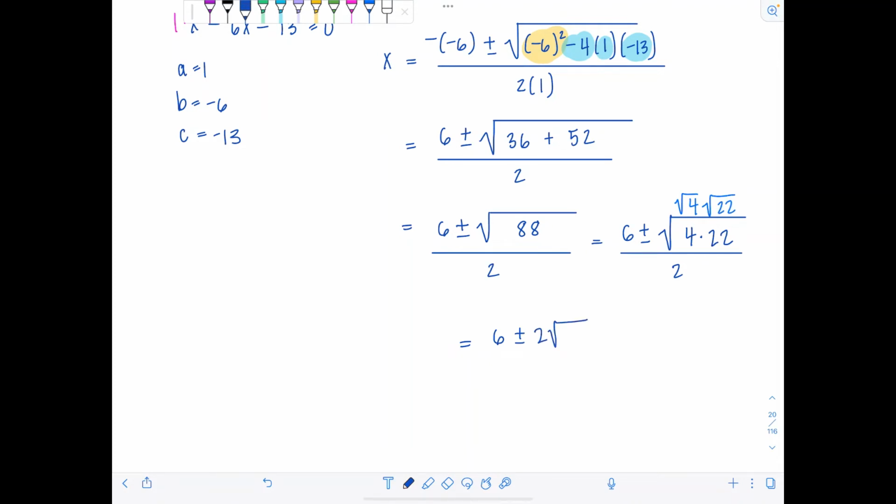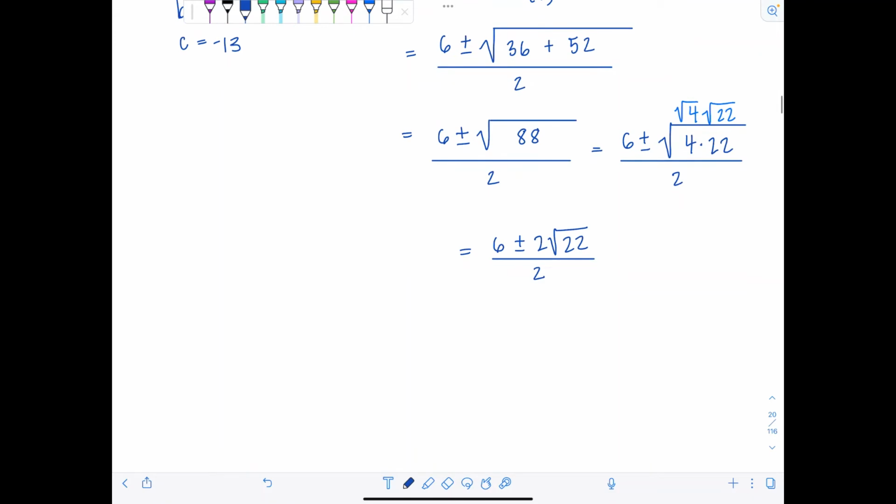So 2 rad 22 over 2. And then we can cancel out a 2 from everybody. Please do so carefully. I'll show you 2 options. You can split the denominator, so you could write this as 6 over 2 plus or minus 2 rad 22 over 2. And then you end up with 3 plus or minus, this is gone, rad 22.